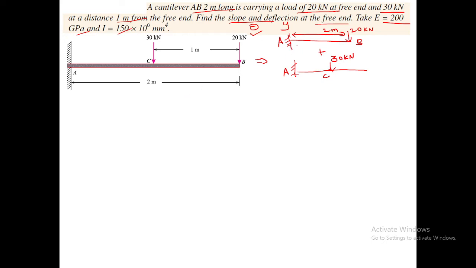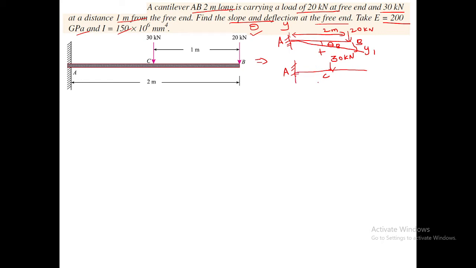The slope for the first one, the end point load, is theta B, and deflection y1. Only one slope and one deflection for the point load.